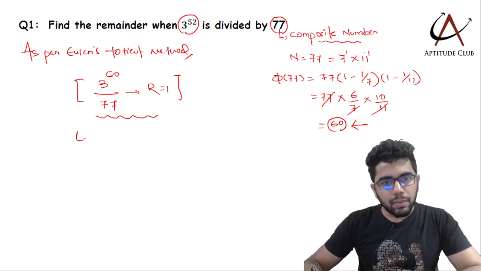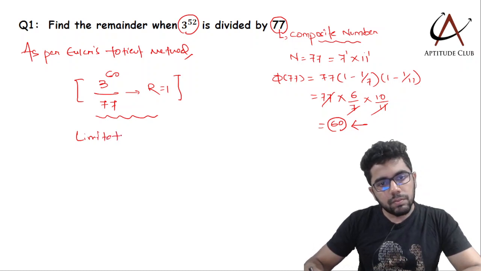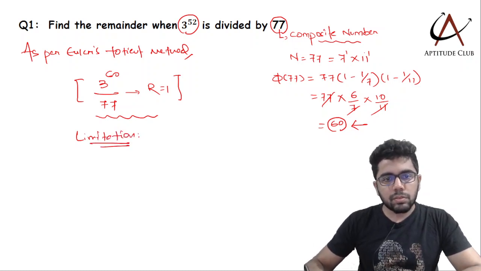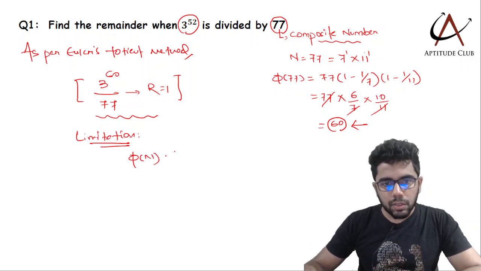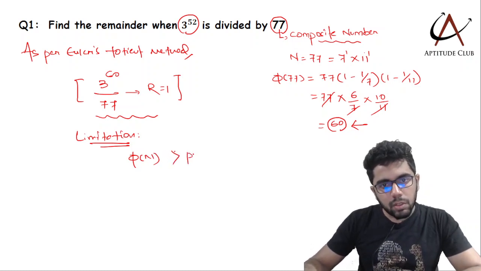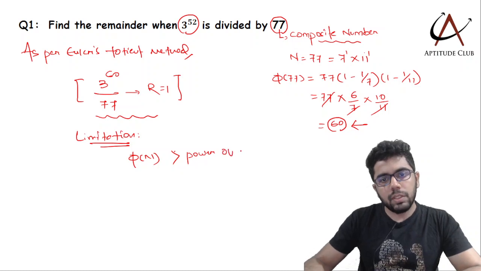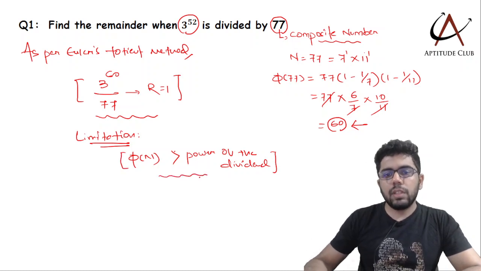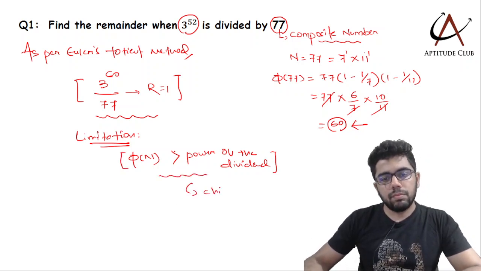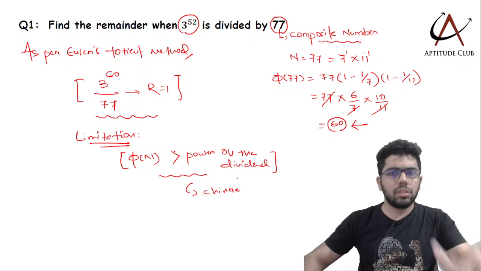So if I write the limitation, if phi of n is greater than the power of the dividend, that is where you use Chinese remainder theorem, or else you can easily solve this using Euler's theorem.